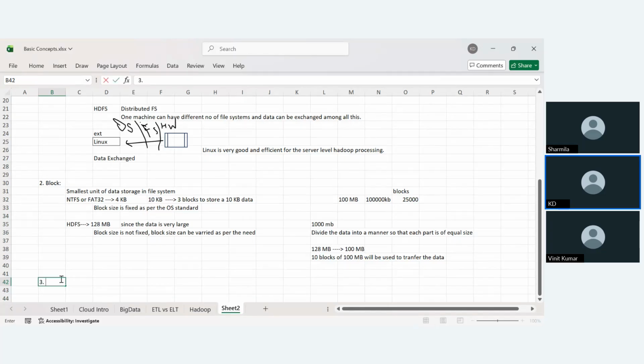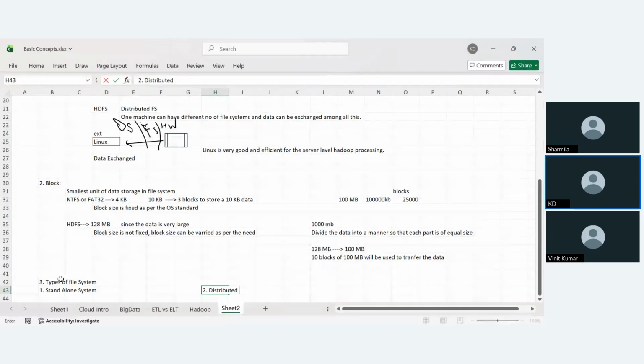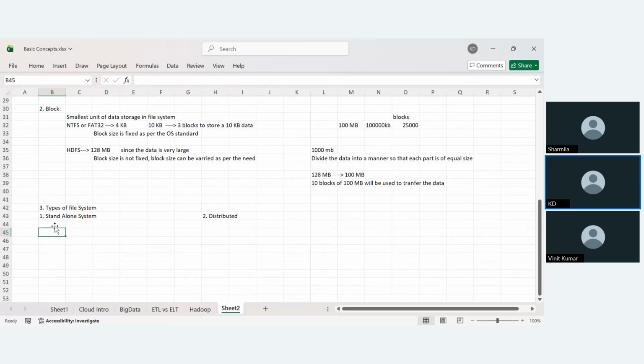Then the third topic is types of file system. The first type is standalone system, and the second type is distributed system. In a standalone system, let's say we have three different nodes: the first node, the second node, and the third node.